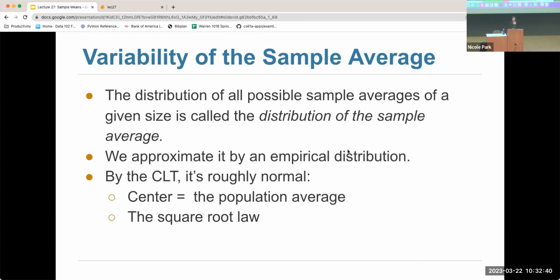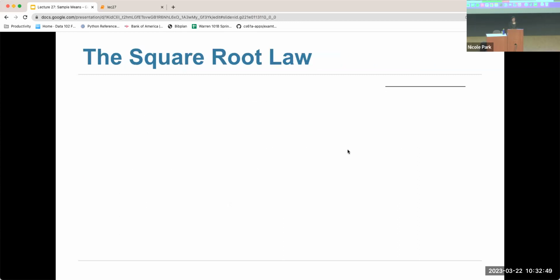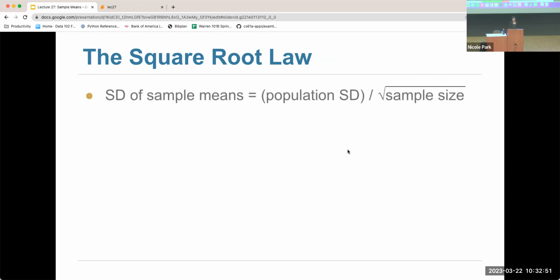Just to quantify what we're saying when we say the sample is larger, so the distribution is going to look more narrow and tall, we're going to go over the square root law. What the square root law says is the standard deviation of the sample means equals the population standard deviation divided by the square root of the sample size.